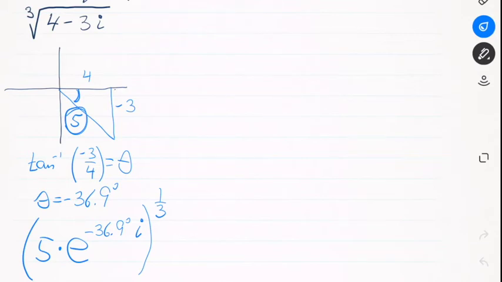So we're going to have to pull in that trick of solving equations when you had to divide a number across. We're going to have to take our angle, negative 36.9 degrees, and add 360 degrees k, because we know that we're going to divide by 3.